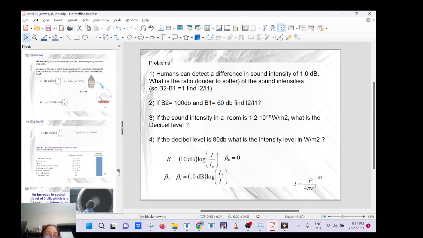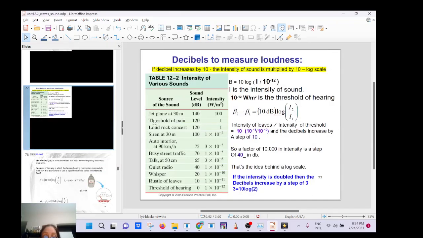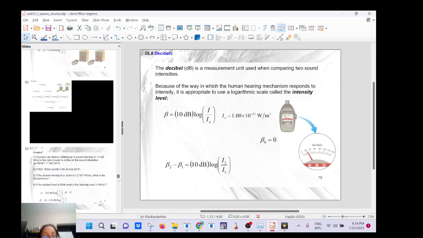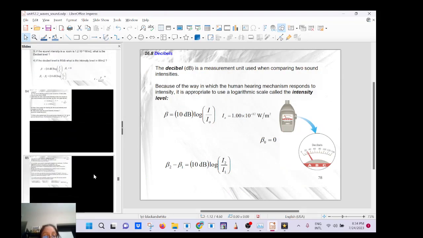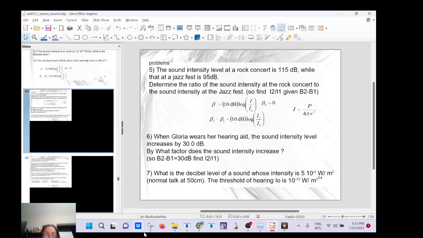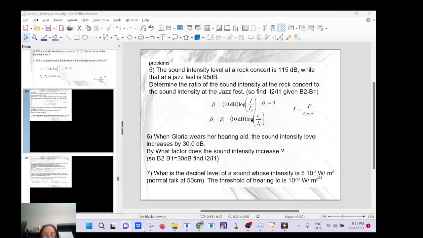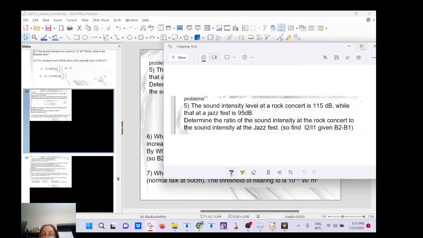Where is 80 decibel here? 80 decibel, it starts to be loud. Okay, so let's keep going. So you should pause the video and try to do them.